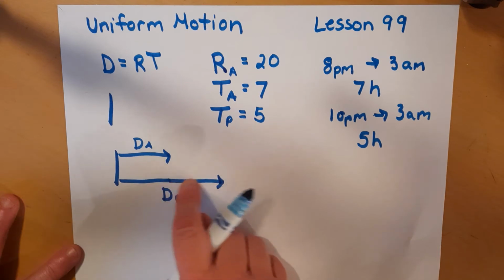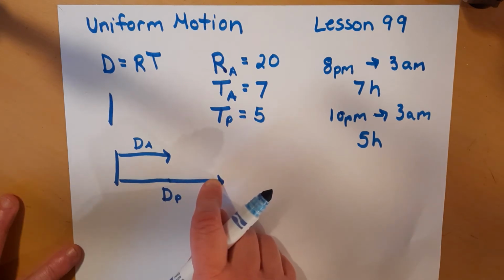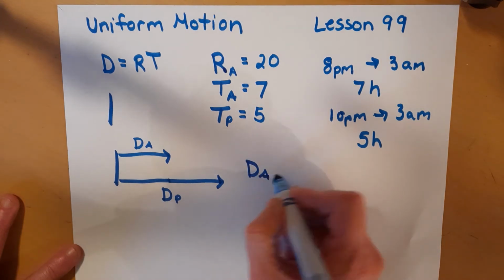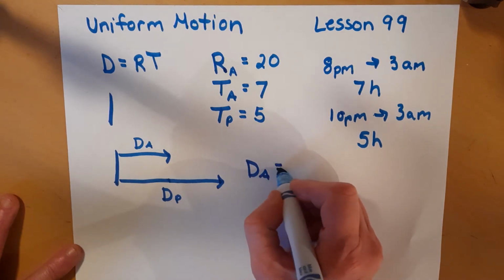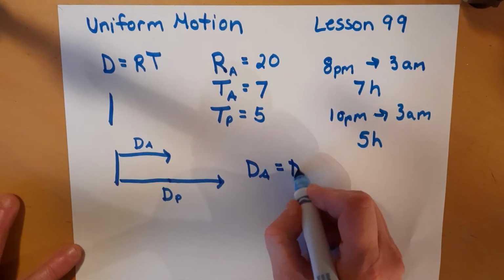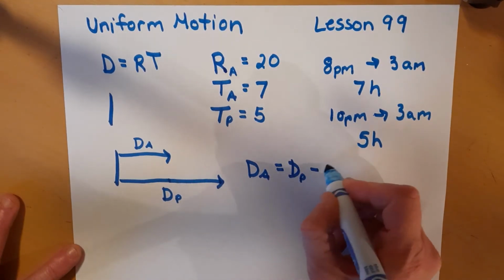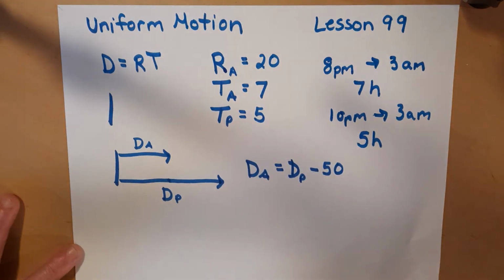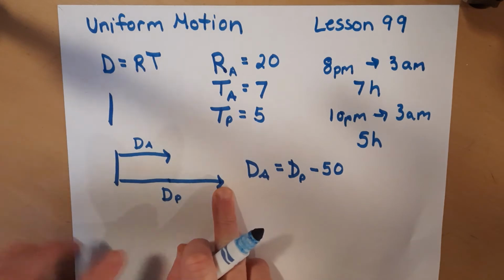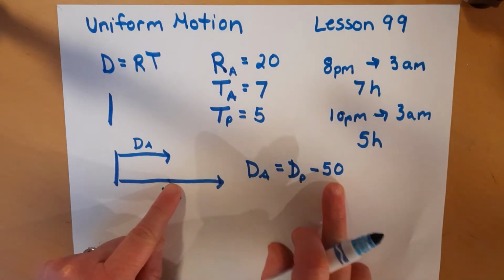He is 50 kilometers ahead of him. So the way we can write that is the distance of Achilles is equal to the distance of Patroclus minus 50 kilometers. He goes the shorter distance. So he takes the distance of this minus the 50 kilometers.